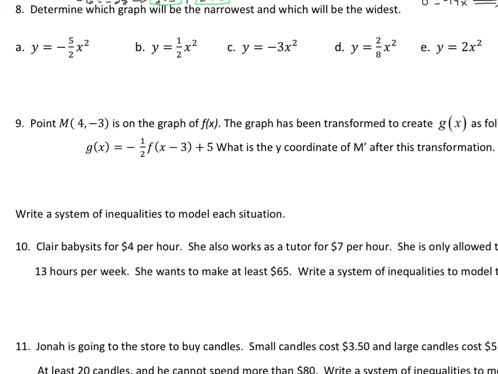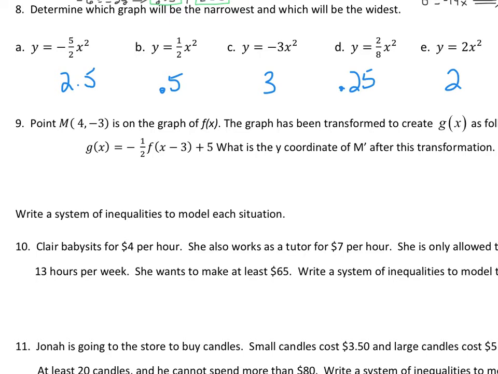Decimal form is a little bit easier to read. 5 halves is converted to 2.5. Then I have 1 half, or 0.5. Then I have the 3. Then I have 2/8, which is just 1/4, which is 0.25. And then the 2. All right.